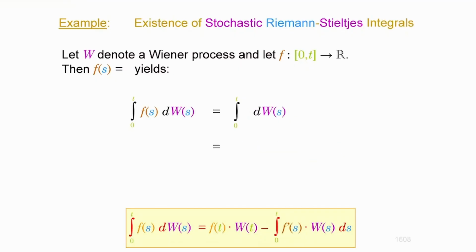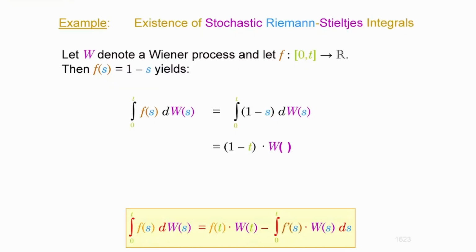Okay, if the function is equal to 1 minus s, as you see at the top, then what you do is the following. You insert the deterministic function, 1 minus s, which is simple. Now in this case, this integral, according to this formula, requires the function at time point t, which is 1 minus t. If you insert t into that function, you get 1 minus t back, times the Wiener process at time point t.